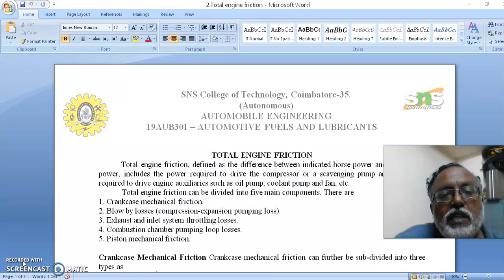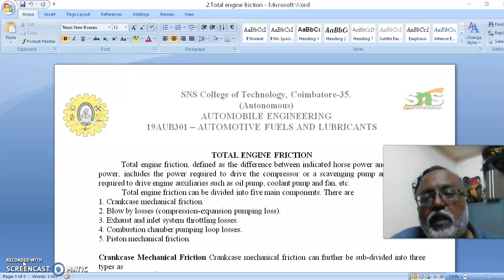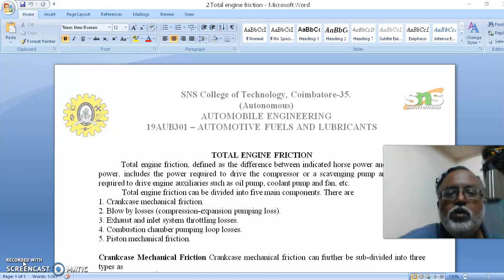Total engine friction is defined as the difference between the indicated horsepower and the brake horsepower, which includes the power required to drive the compressor or scavenging pump and the power required to drive the engine auxiliaries such as oil pump, coolant pump and fan, etc. Total engine friction can be divided into 5 main components.